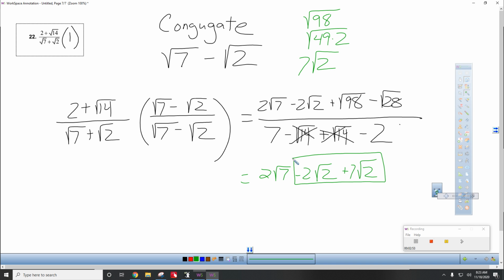And then radical 28, that is 4 times 7. Yes, it is. So that's 2 radical 7.